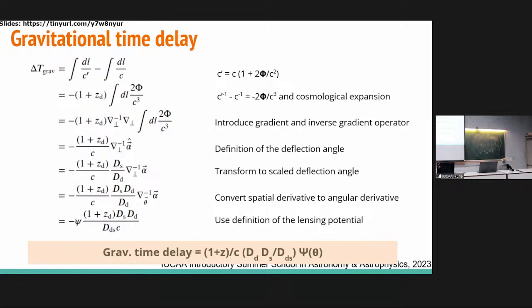So dl by c prime is the time taken to travel a small length element minus dl by c, which if the lens was not there, is the time it would have taken. Right? Now, what you can write down is dl times 1 over c prime minus 1 over c. You know how c prime is related to c, like this in the weak field limit. So you can work out what 1 over c prime minus 1 over c is. So to leading order, this comes out to be 2 phi by c.